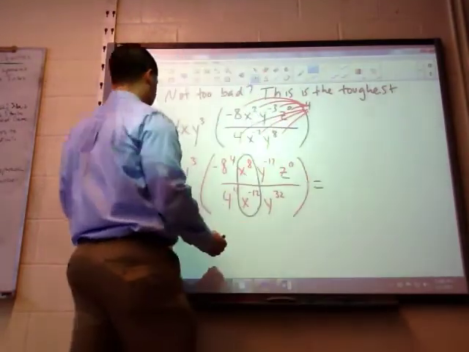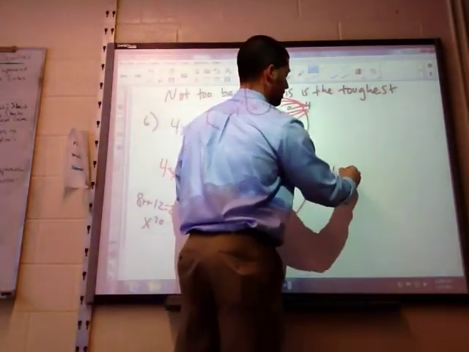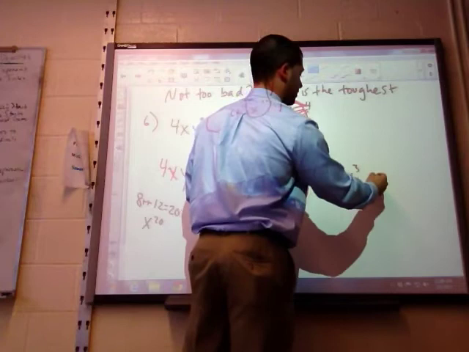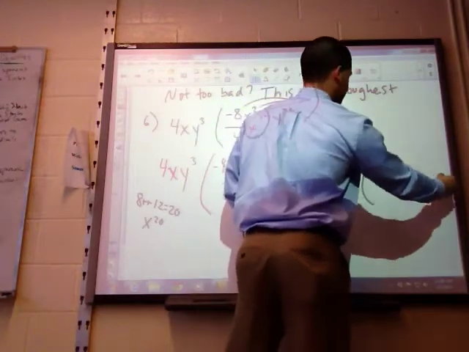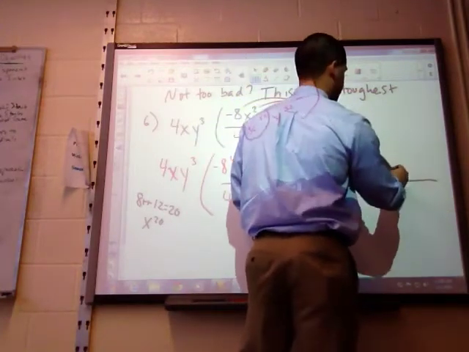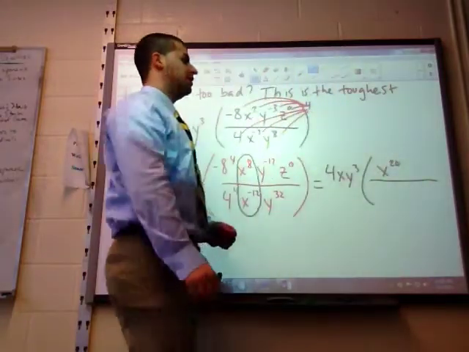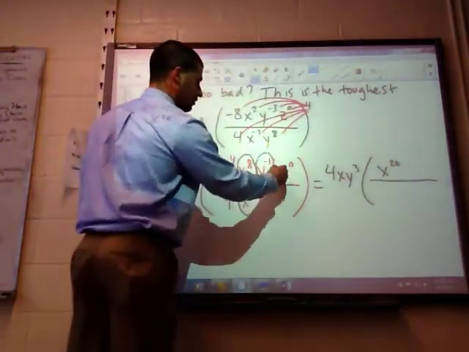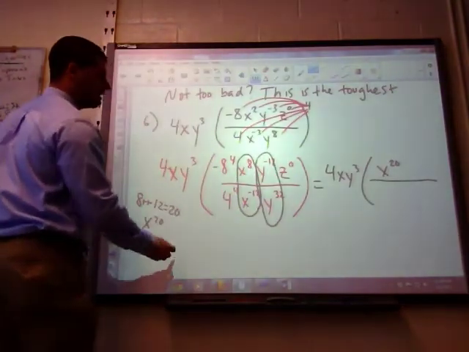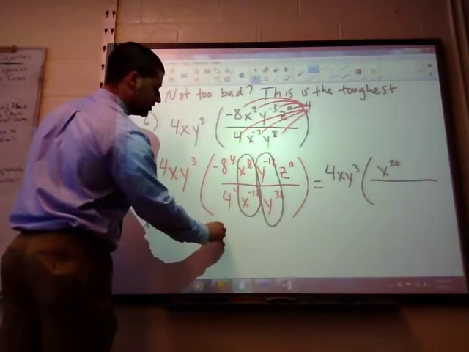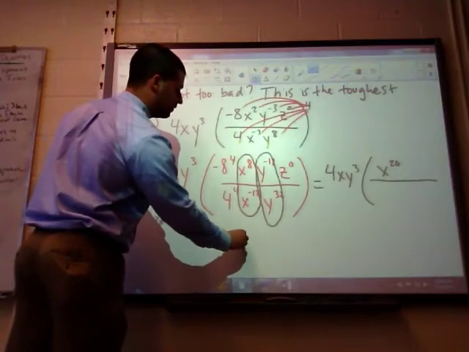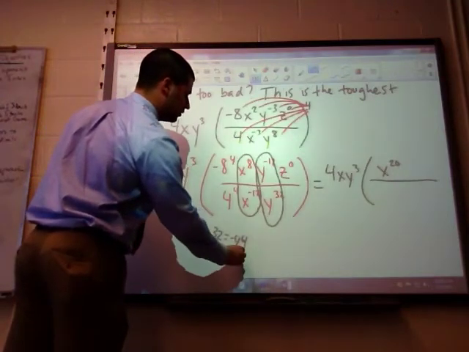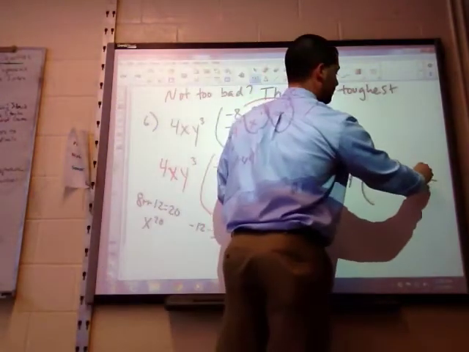So let's rewrite this first part. 4xy cubed, and then inside parentheses we'll say x to the 20th, right? So we combine these, then we say y to the negative 12. So that's negative 12 minus 32, which is negative 44. So we have y to the negative 44.